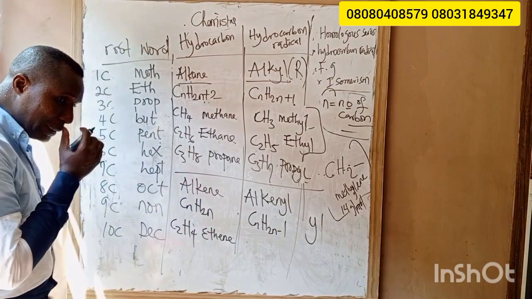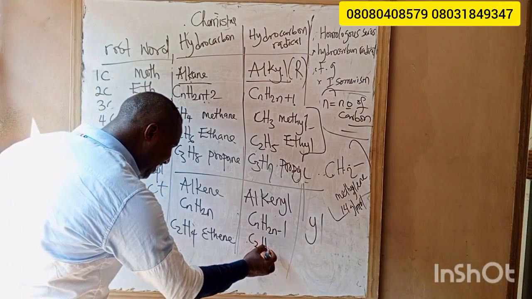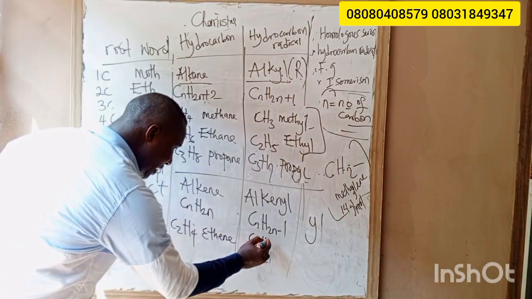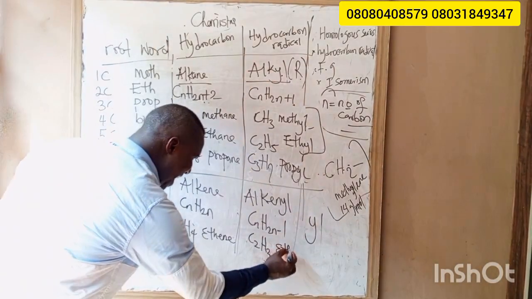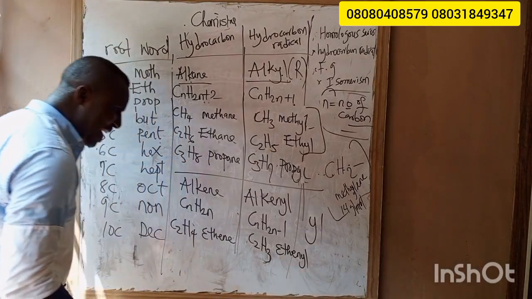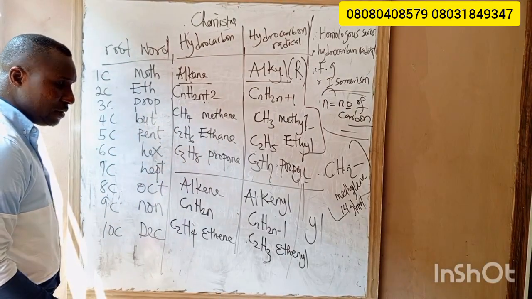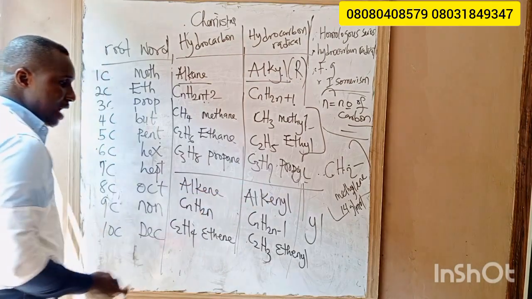When this ethene loses one atom of hydrogen, what do we have? C2H3, which is ethylene. Take note.